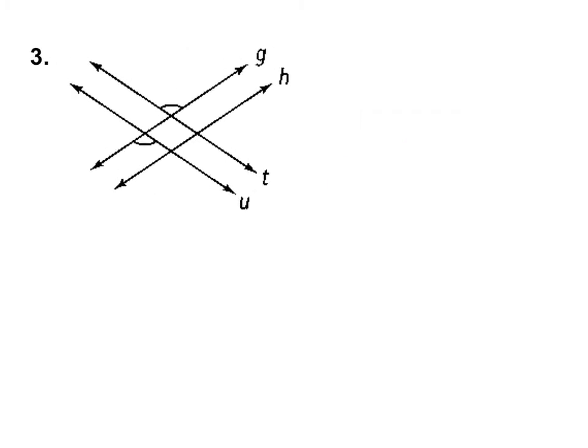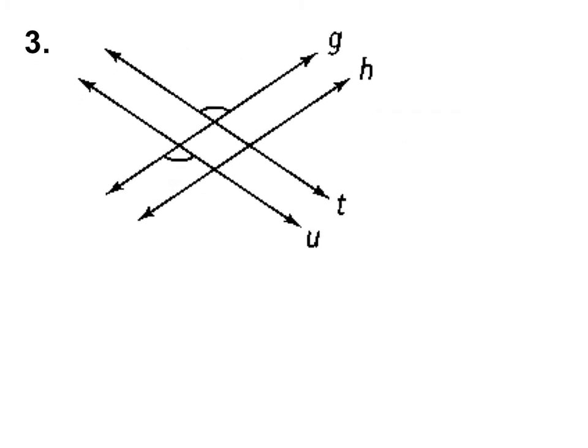The next one, the angles are congruent. I'm not going to look at line H. These two angles right here are alternate exterior angles, so it's the converse of alternate exterior angles.